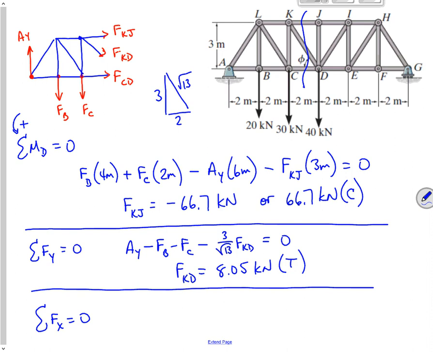KJ points to the left, so I get minus KJ, plus 2 over the square root of 13 times FKD, plus FCD equals 0. And from that I get FCD is 62.2 kilonewtons, tension.